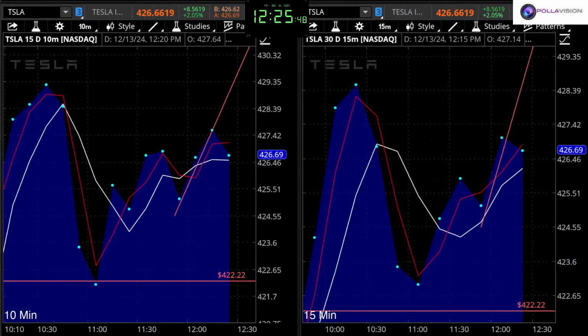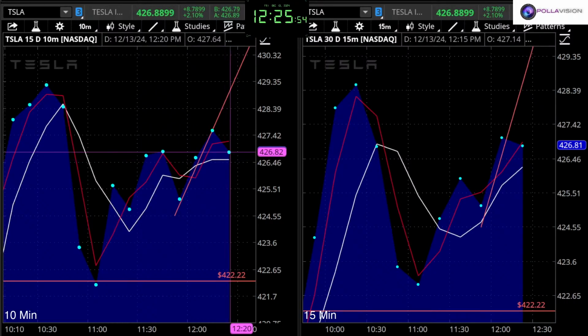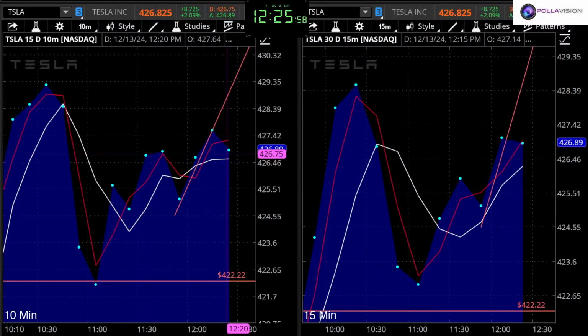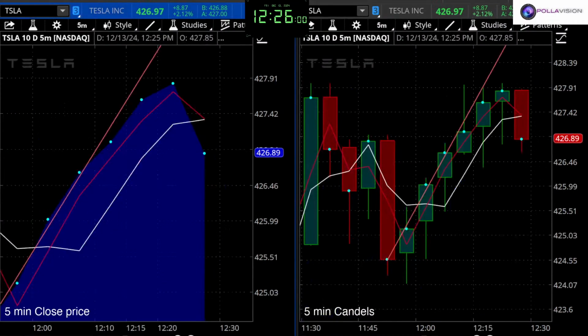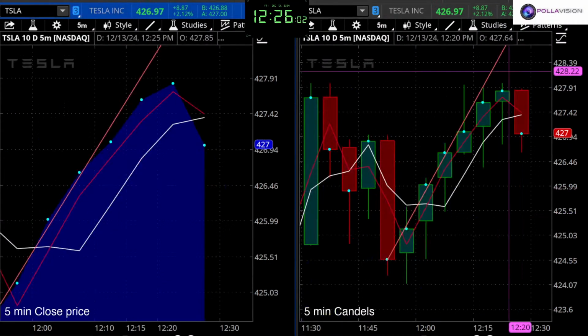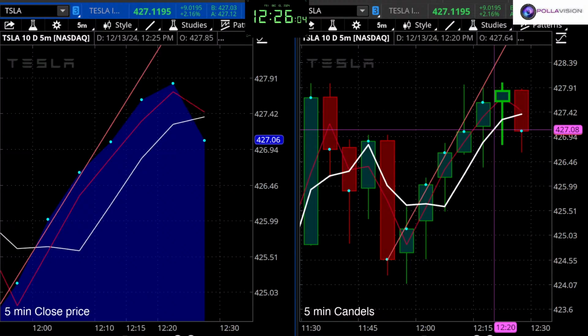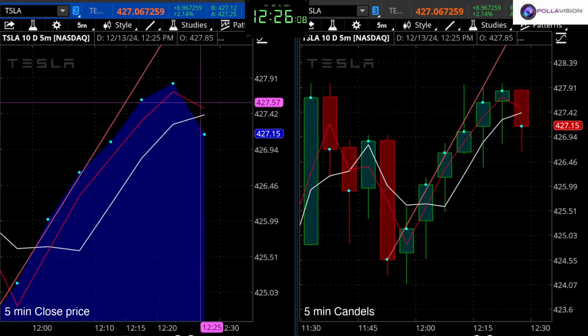All right, so the 10 and the 15, the 10, we got to watch this support point right here, the 4. We want to close at the bottom of the hour above this point here. The 5, we're already below it, so it don't count. Well, yeah, it could close that.